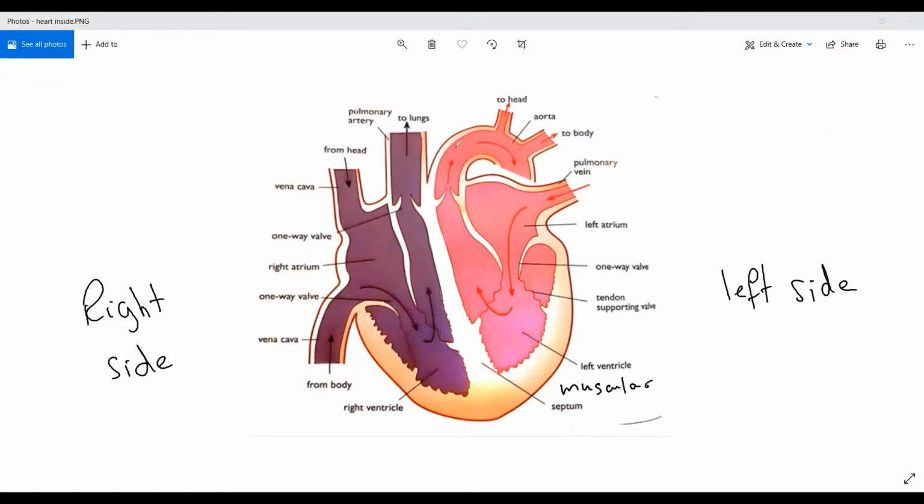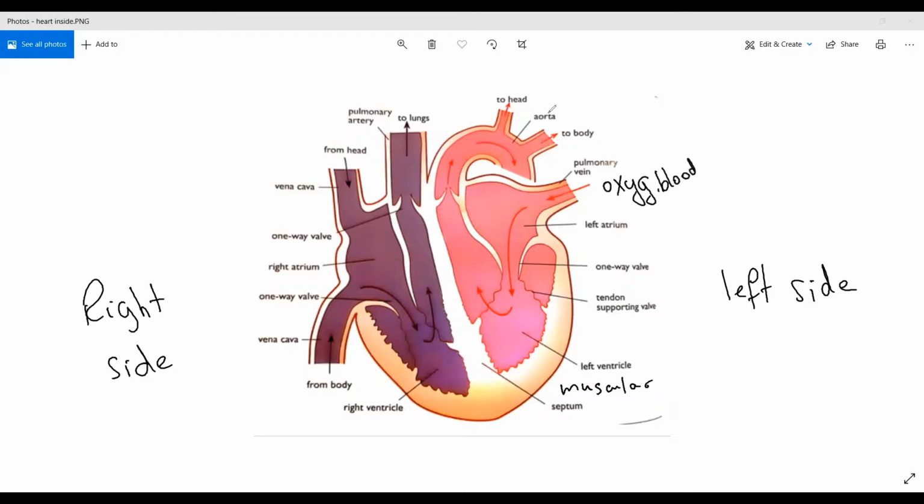The presence of this muscular septum is very important. Why? Because as I told you before, the blood coming from here to the left side of the heart is coming filled with oxygen. So this is oxygenated blood.